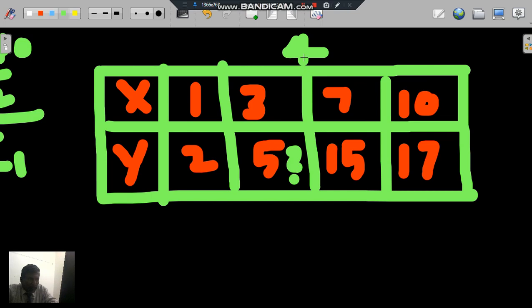When x equals 4, what is the corresponding value of y? I mean, when the independent variable takes a value 4, what is the value of the dependent variable?